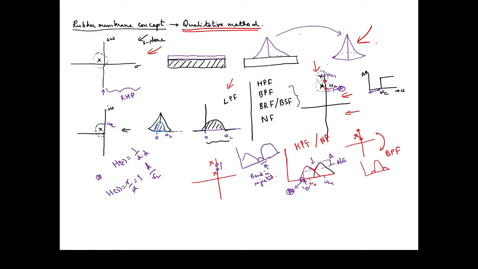Now suppose this edge of the table is your frequency axis, and I am looking into this part. So what is happening? Now I will be cutting this.